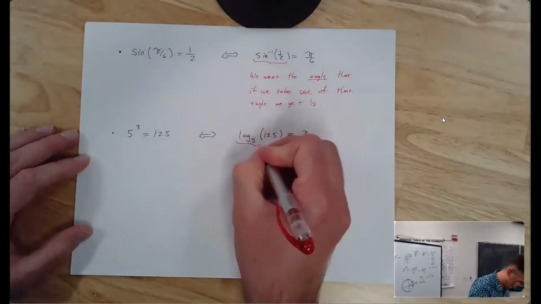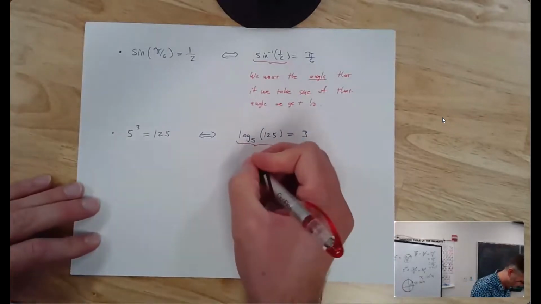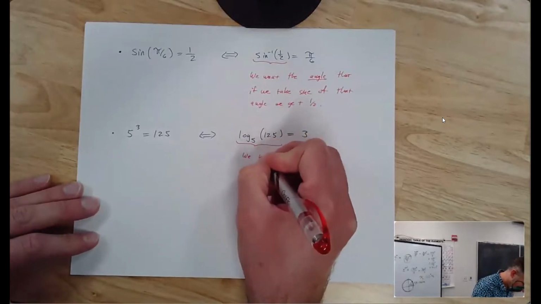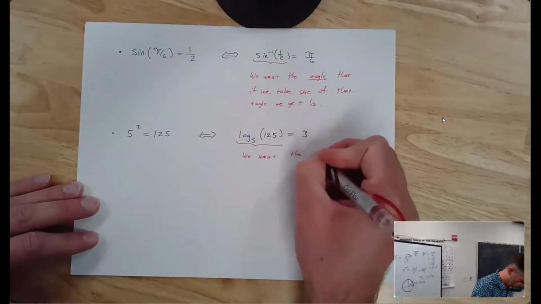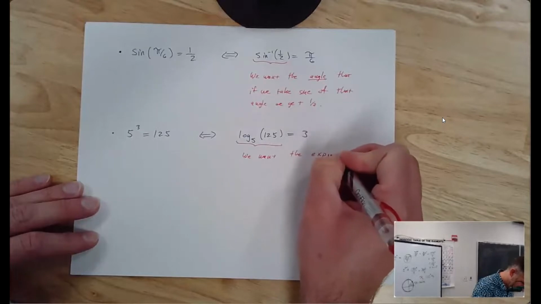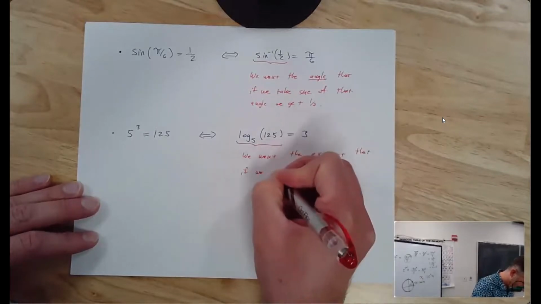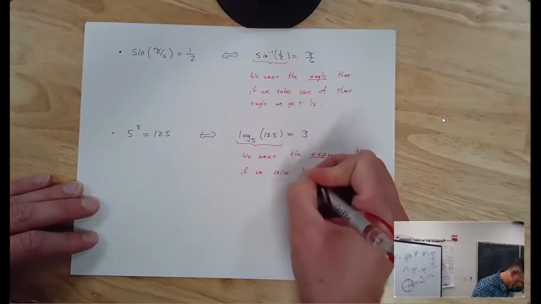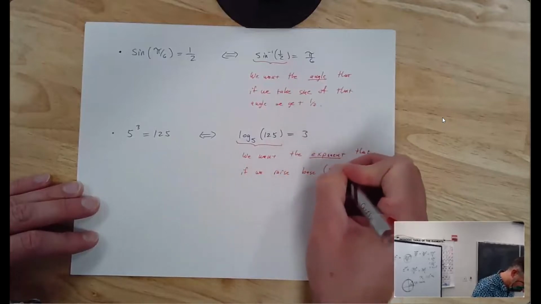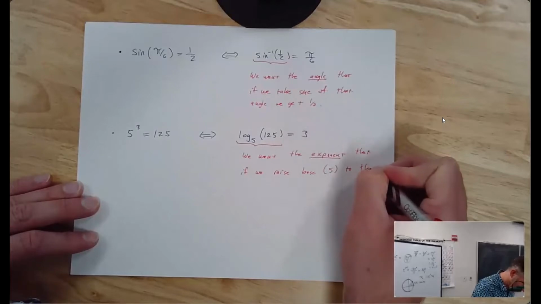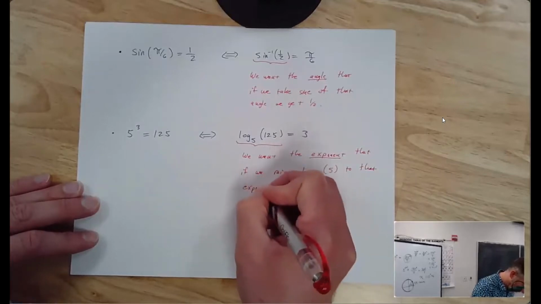The logarithm is the same thing, but for exponents, right? We're looking for not the angle, but the exponent that if we raise the base, 5 in this case, to that exponent, we get 125.